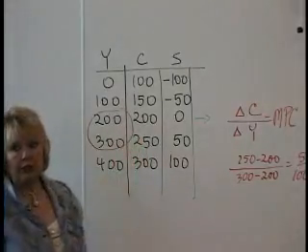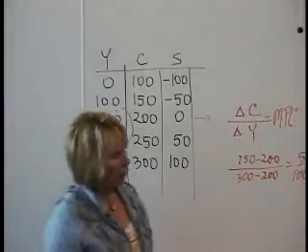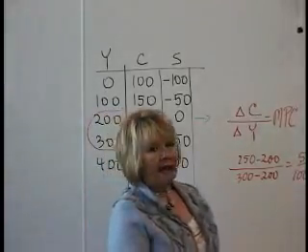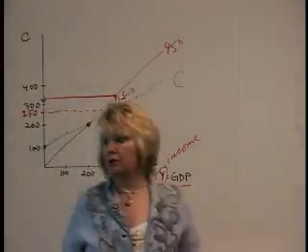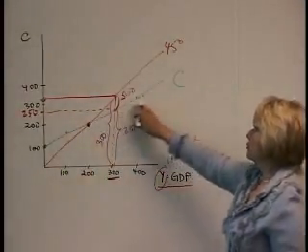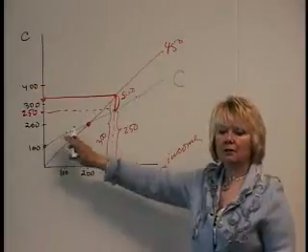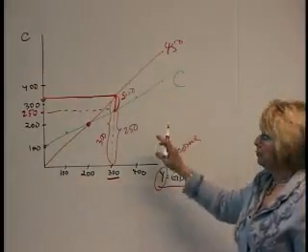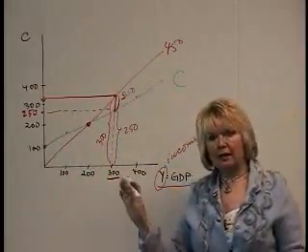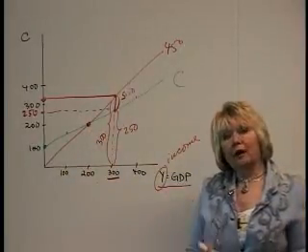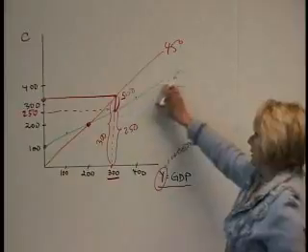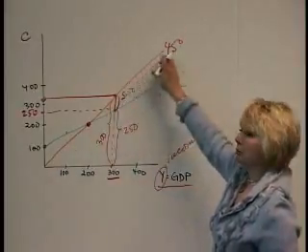Since the change here is constant, you will also see that on the graph, that constant change is represented by a straight line consumption function. If you make this same model on graph paper, you will see that this is going to be a nice straight line, and so will this.